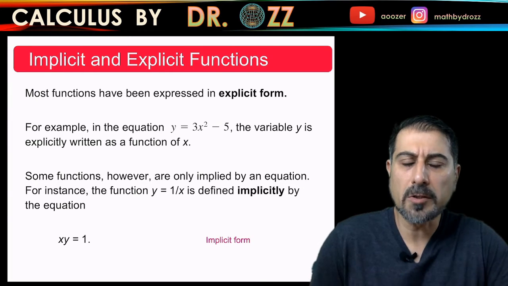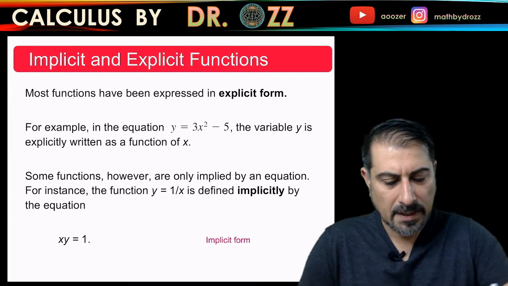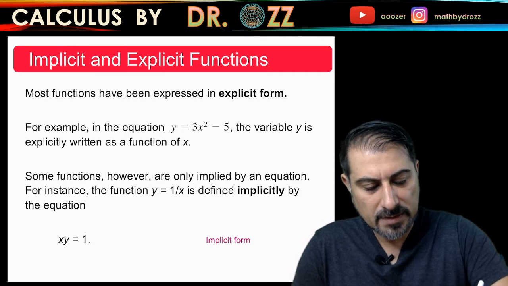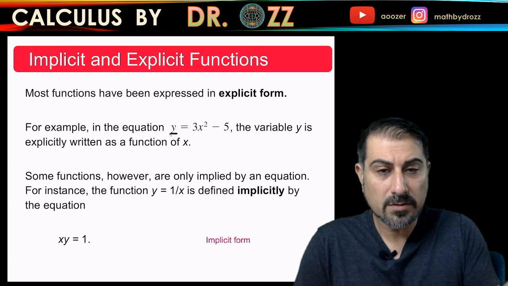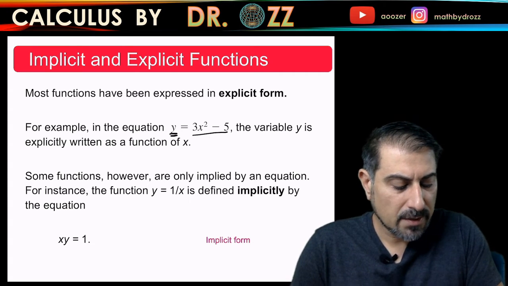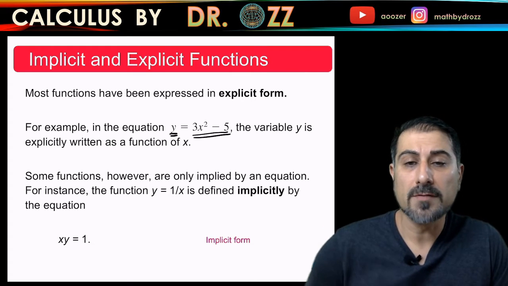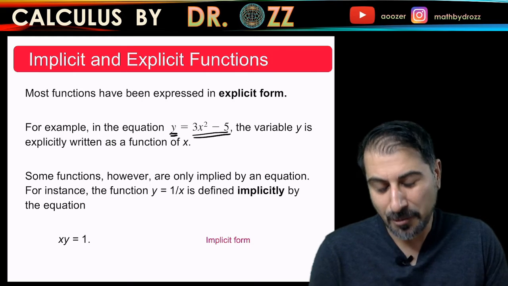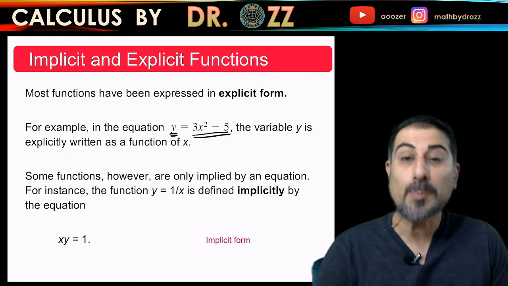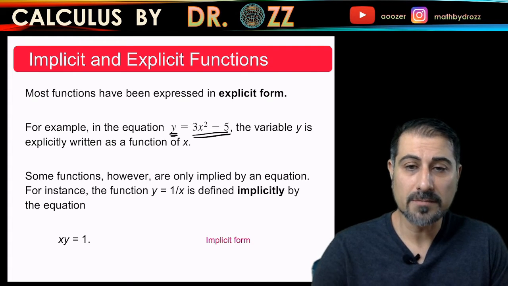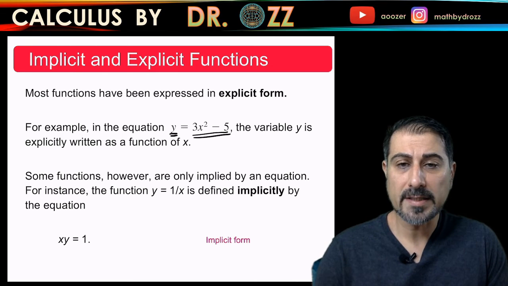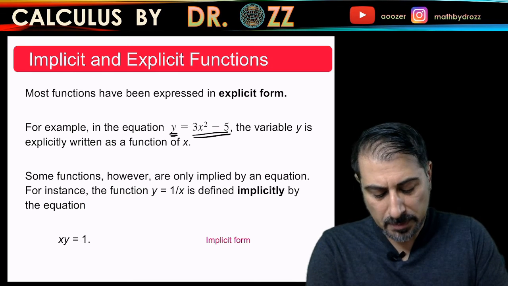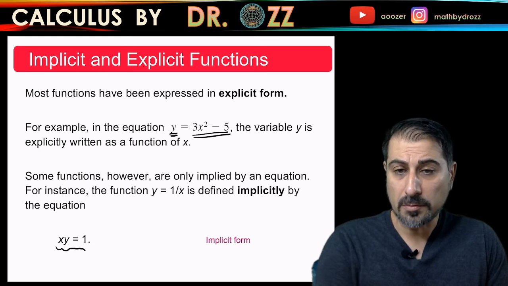Most of the functions that we learned so far are given explicitly, which essentially means that you are given y on the left-hand side of the equation, and you have the description of the function written on the other side of the equation. In other words, y is explicitly written as a function of x. But some functions are not provided to us in that form. For example, x times y equals 1.